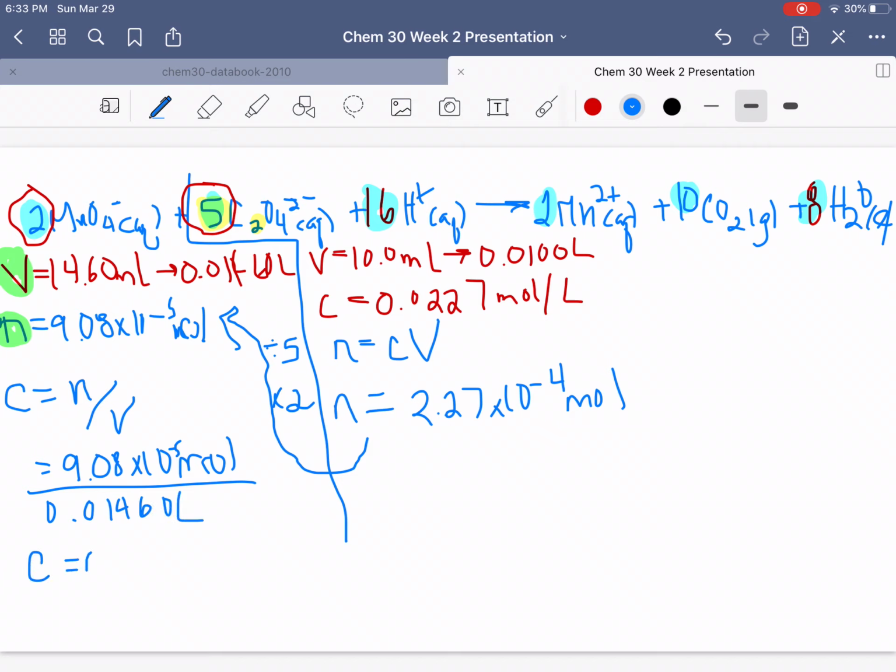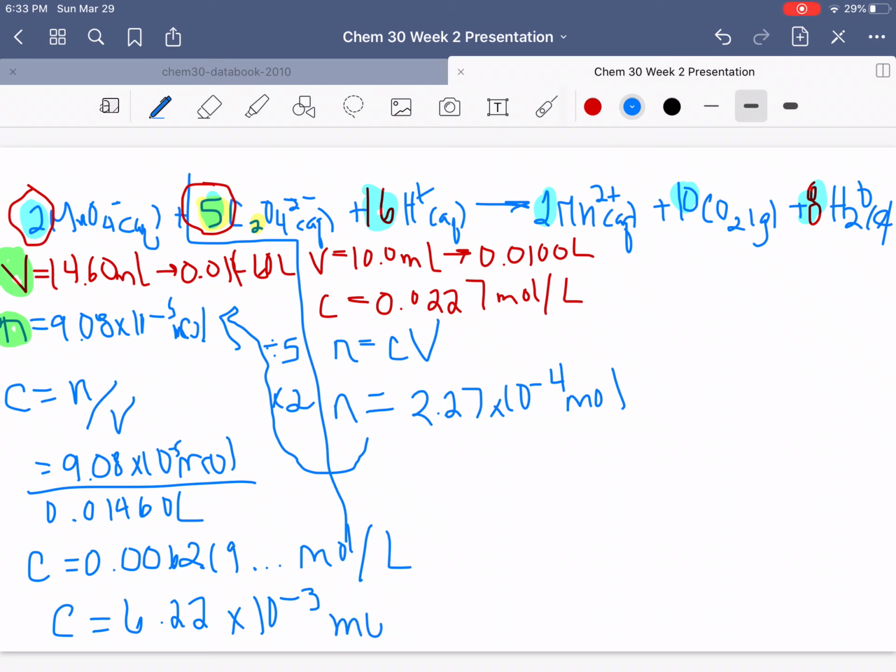Concentration, therefore, is equal to 0.006219, keeps on going, moles per liter. Okay, 3 sig digs are needed, which means we have a concentration of 6.22 times 10 to the negative 3 moles per liter.